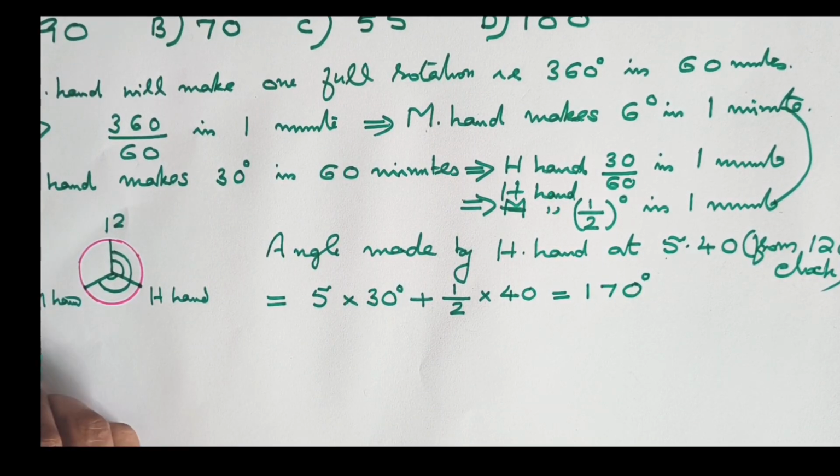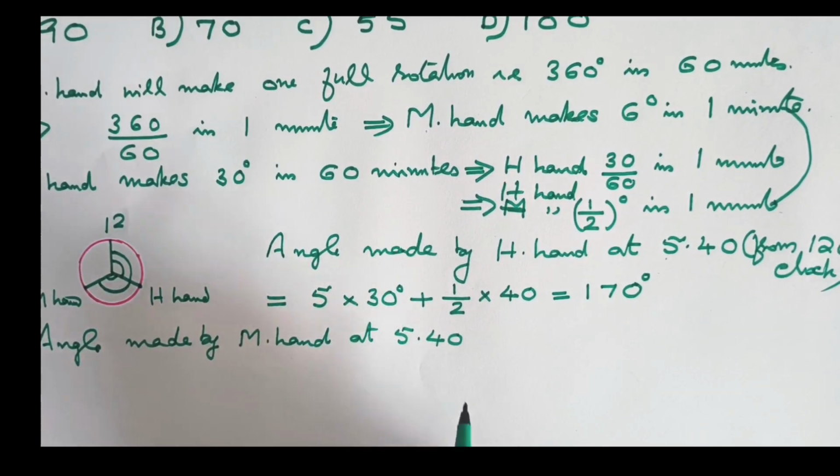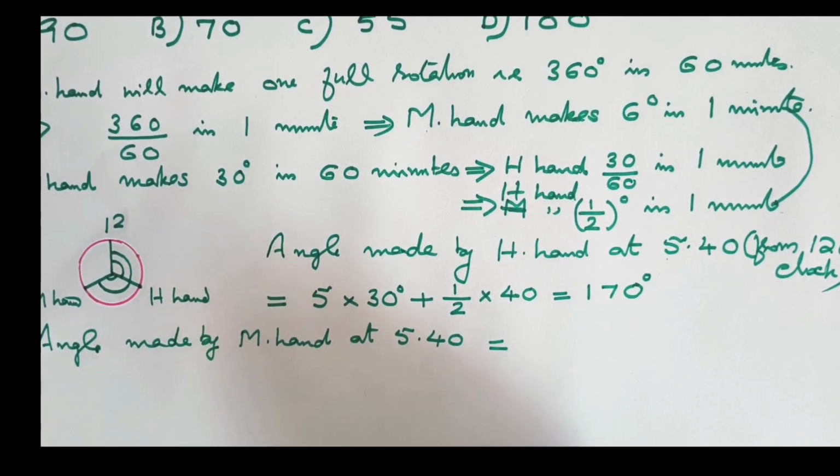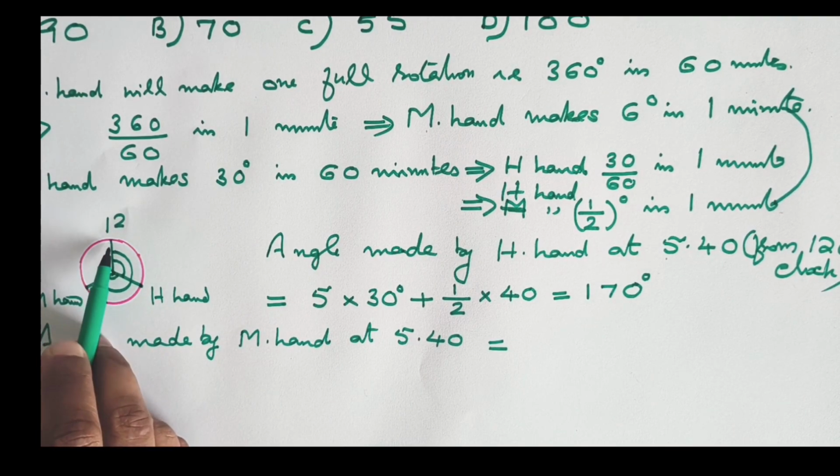Similarly, let's find out the angle made by minute hand again at 5:40. Of course, from 12 o'clock position, I'm not writing that. When it comes to minute hand, it is slightly different from the way you calculate hour hand, because for every 1 hour, the minute hand makes one full rotation and comes back to the original position. So the number of hours may be ignored in the case of finding angle made by the minute hand at 5:40, because during 5 hours it just makes 5 rotations and comes back to the 12 o'clock position.